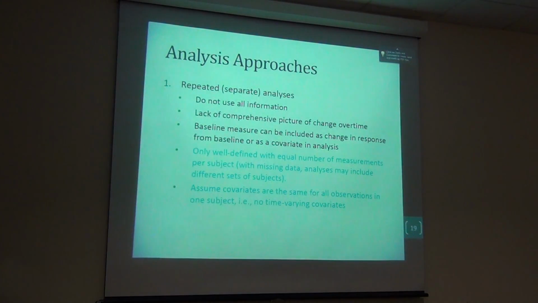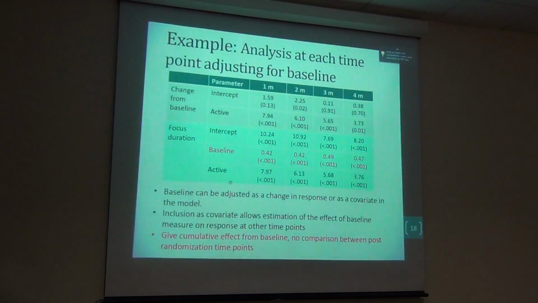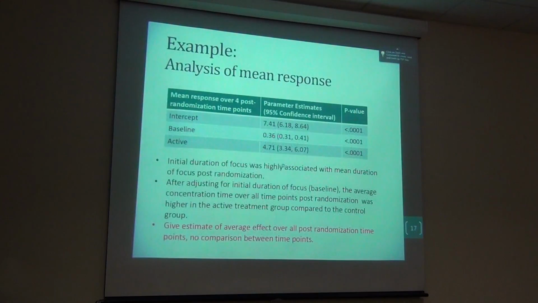Can I ask you another question? When you say there's a lack of comprehensive picture of change over time, your second bullet point, can you explain how, in the analysis of mean response, wouldn't that give you a comprehensive picture of change? So you get a cumulative effect at each time point separately. Actually, the example before this one. Okay.